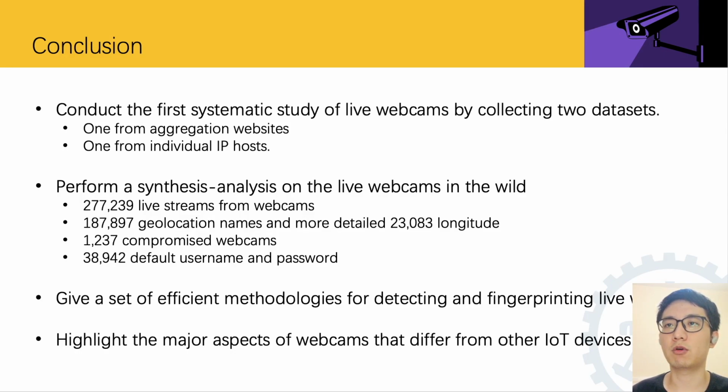We perform a synthesis analysis of live webcams on the web, give a set of efficient methodologies for detecting and fingerprinting live webcams, thoroughly analyze the spatial and content features of live webcams, and highlight the major aspects of webcams that differ from other IoT devices.